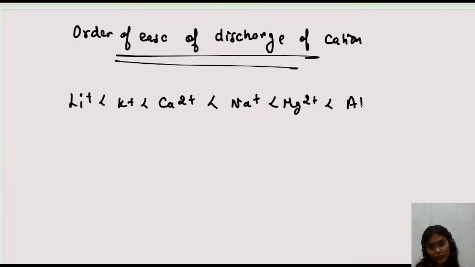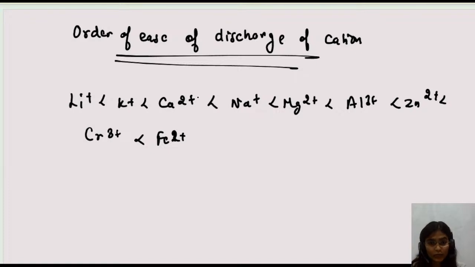It's not that I'm placing it just because I want to. Every time there is some kind of logic. Yes, please, anyone. What is the meaning of deposition or discharge? Something is moving. Lithium is small in size, has more hydration, and has less mobility.